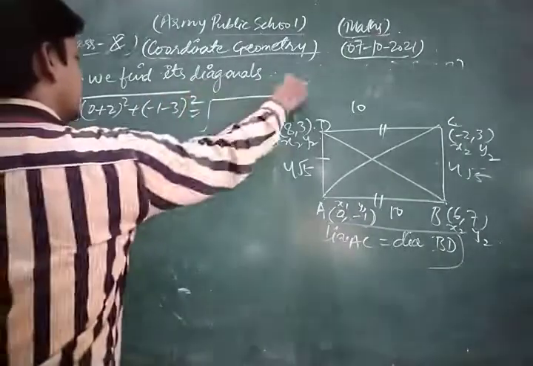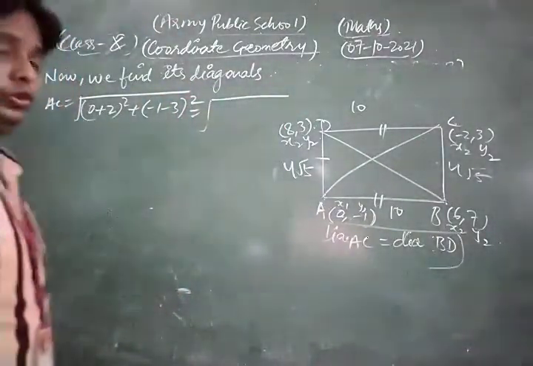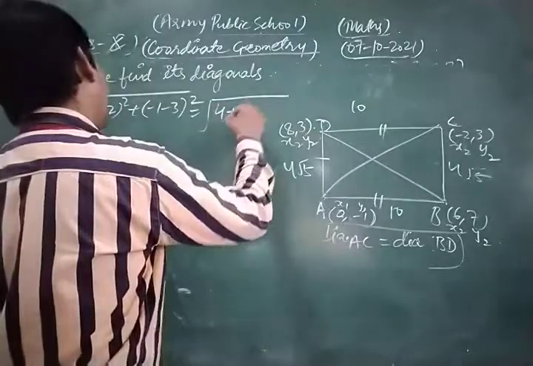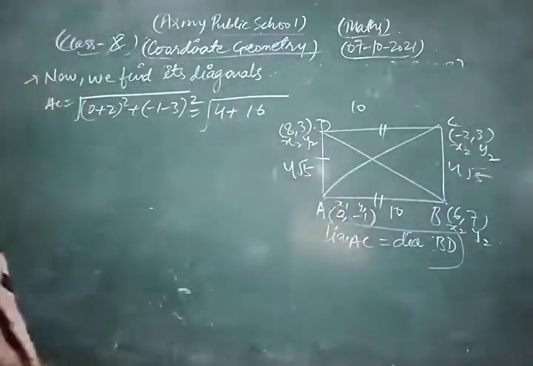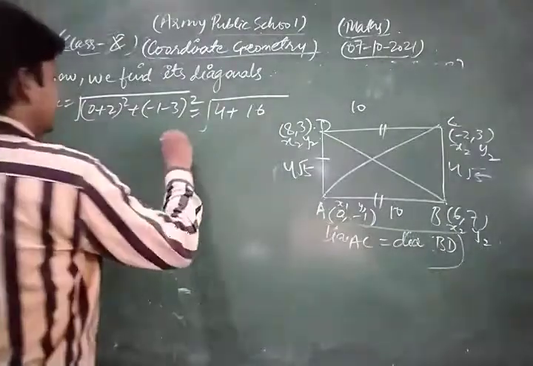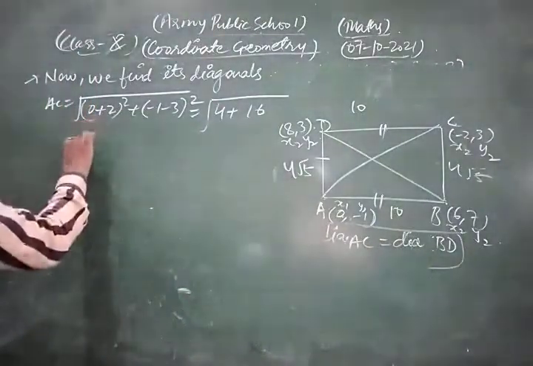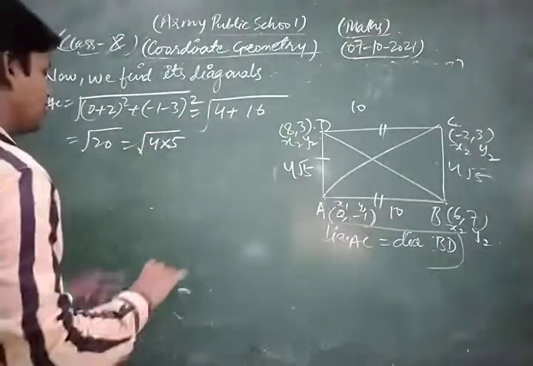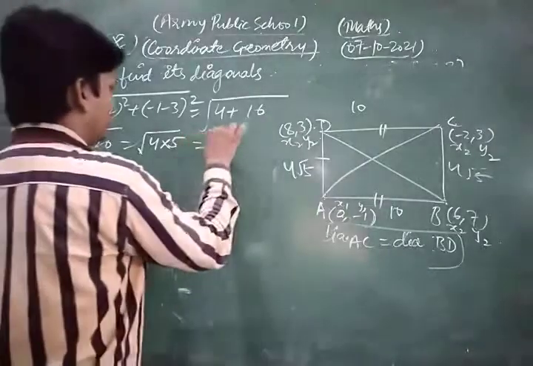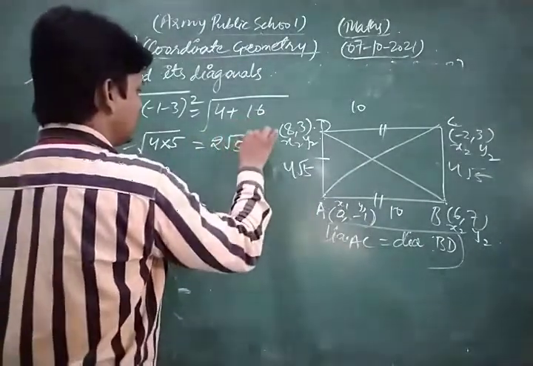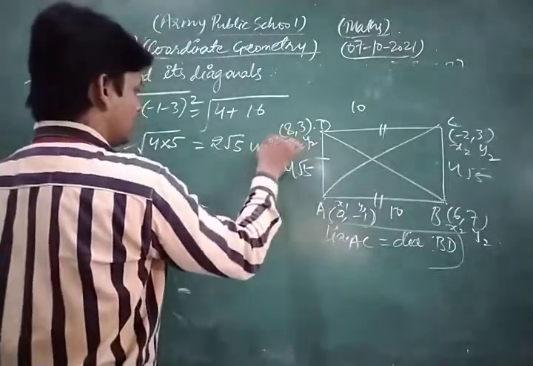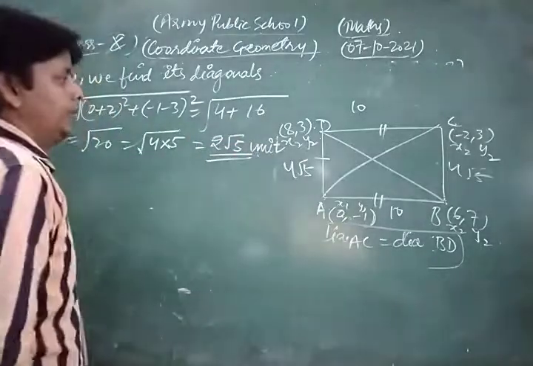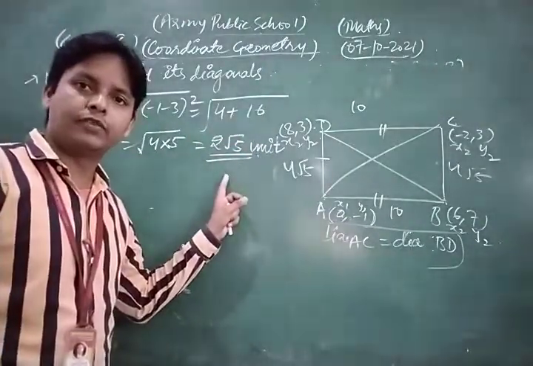So we get 2 twos are 4 plus minus 4 square, this is 16. So we get 20. We can write 4 into 5. The square root of 4 is 2. So 2 under root 5 unit. This is the value of the diagonal AC.